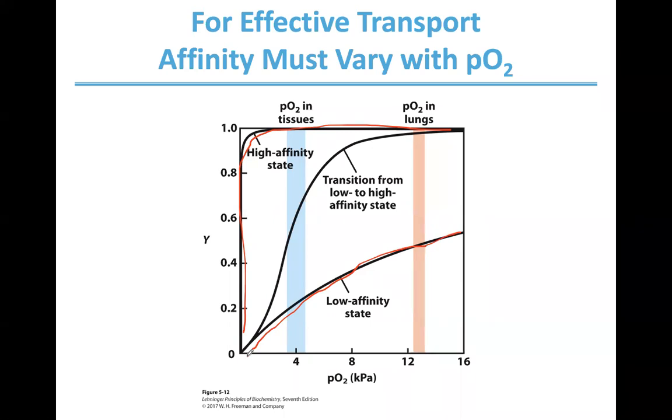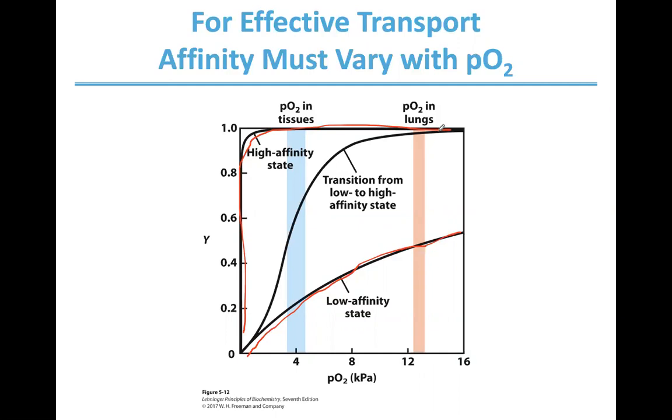But we're dealing with the same molecule of myoglobin, so we can dream about it, but we still have the same molecule. What nature has come up with is a way for the myoglobin to undergo a transition.